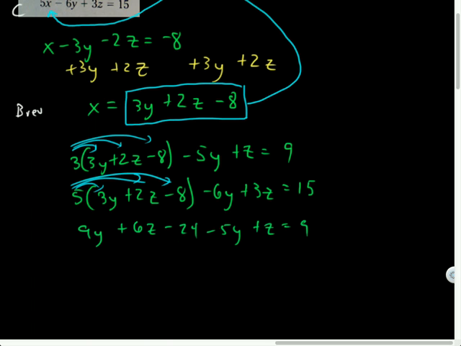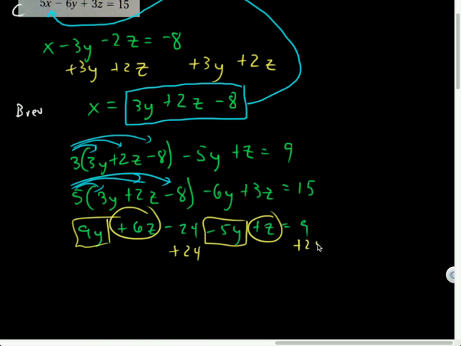Combining some like terms, I've got some y's and some z's. And I could add 24 to both sides. So for the y's, I've got 4y. For the z's, I've got 7z. Oh, that would have been my first error, and then I would have messed up the whole problem. So here's one good equation. I like it.